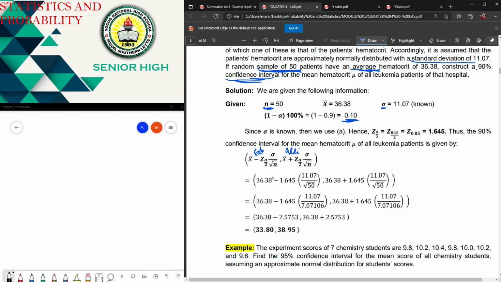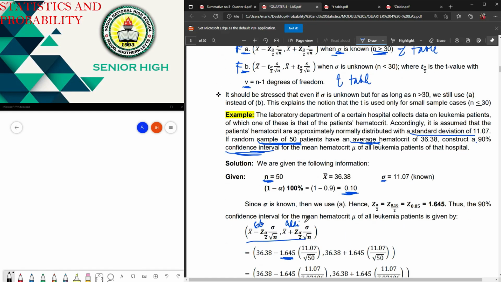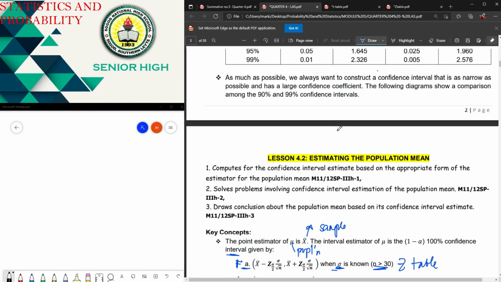To substitute into this formula, your mean is 36.38 minus z. Why did we use 1.645? Because your alpha is 0.10.